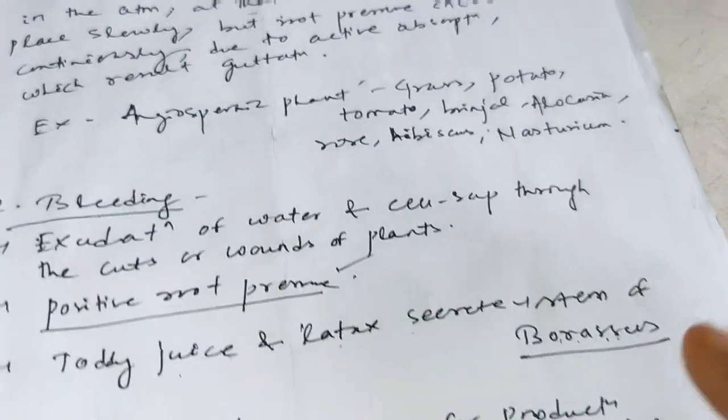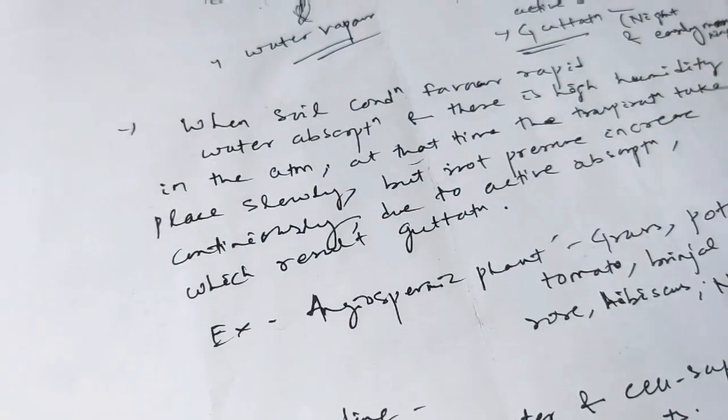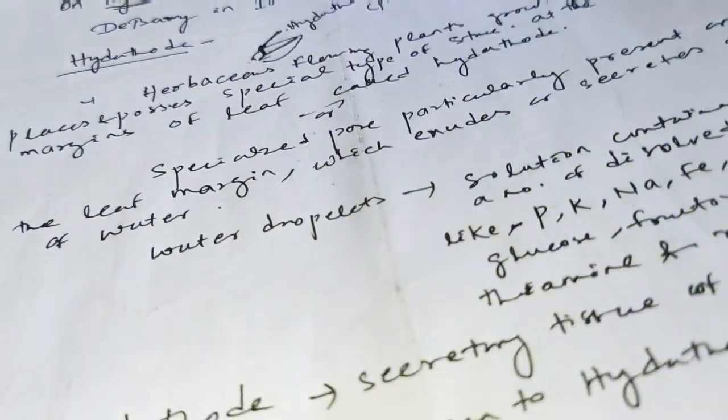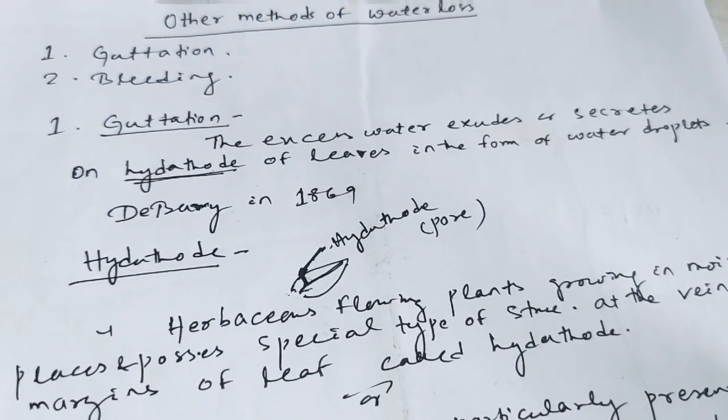Okay, up to this clear? So this is all about bleeding and guttation. Besides transpiration, water is lost through the guttation and bleeding processes. Okay, up to this clear?